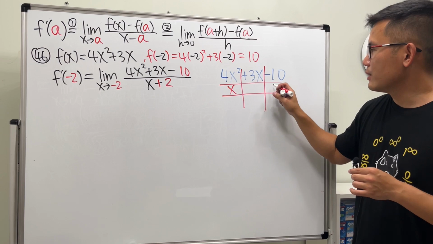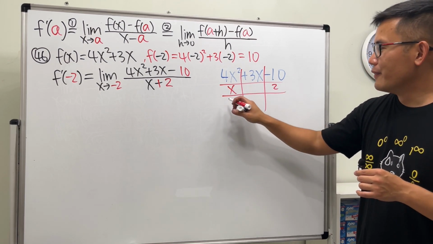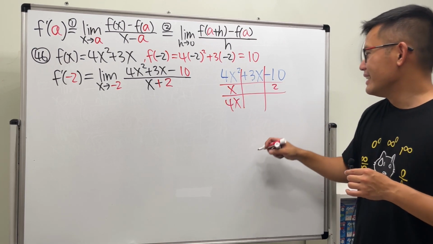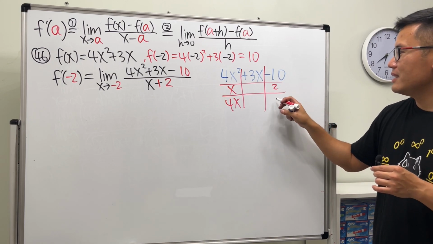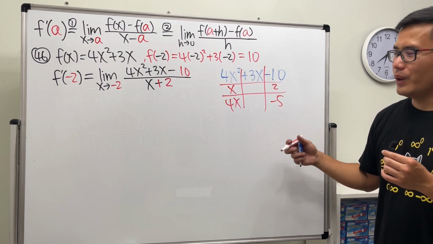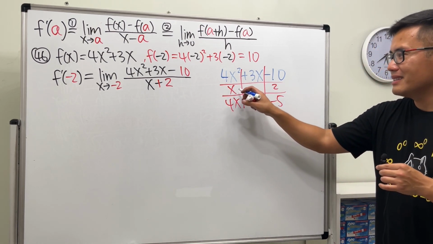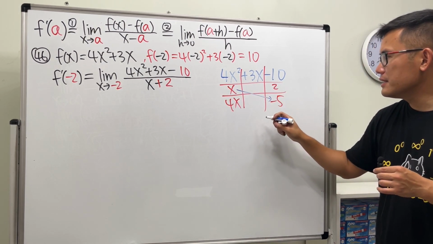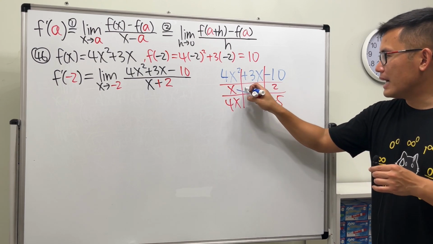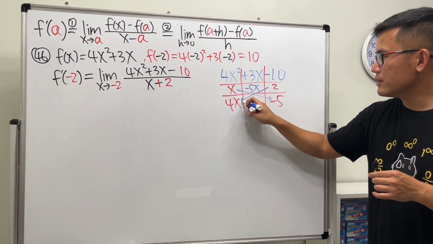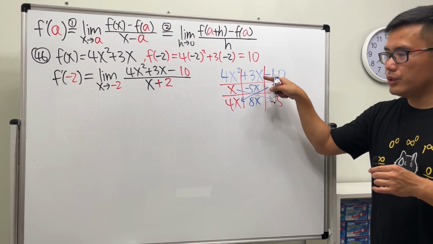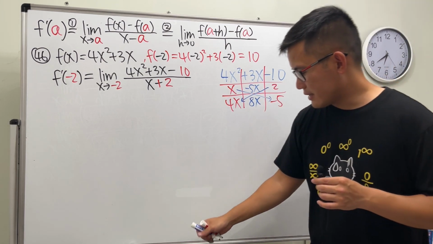We need to have x and 2 right here. 4x, 2 times 4 will be -10, it's -5. Why does this work? We need to get rid of that, right? So that's it. But check this out. X times -5 is -5x, and then 2 times 4x is 8x. Together we do get a 3x that we want.